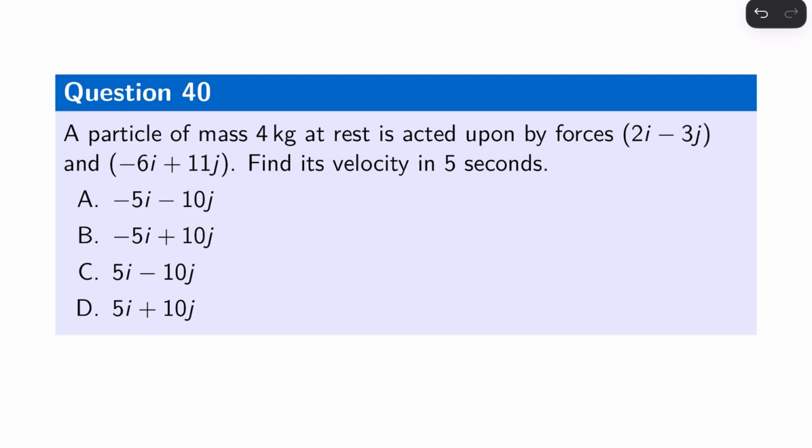Question number 40. A particle of mass 4 kg at rest is acted upon by forces 2i minus 3j and minus 6i plus 11j. Find its velocity in 5 seconds. Solution. From the question, we have mass 4 kg, F1 is 2i minus 3j, and F2 is minus 6i plus 11j.